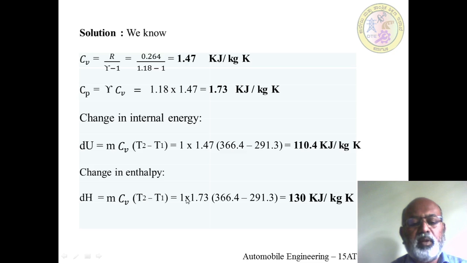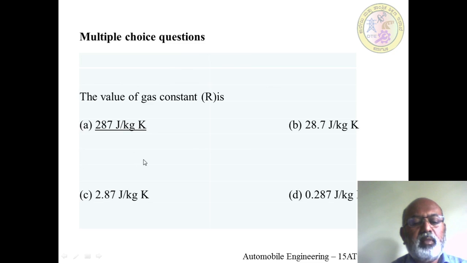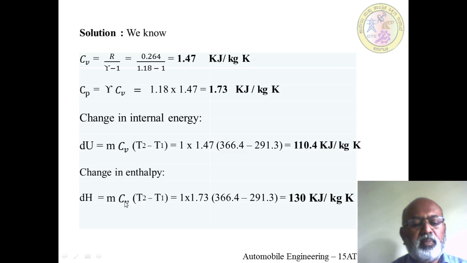Substitution is correct: 1 into 1.73 into 366.4 minus 291.3. The answer is 130 kilojoules. Here in the formula there is a small correction. Instead of Cv, please read it as Cp, that is specific heat at constant pressure.